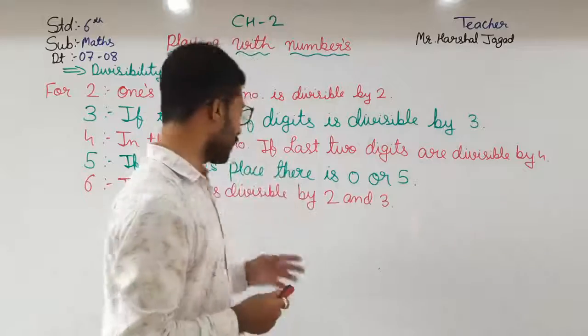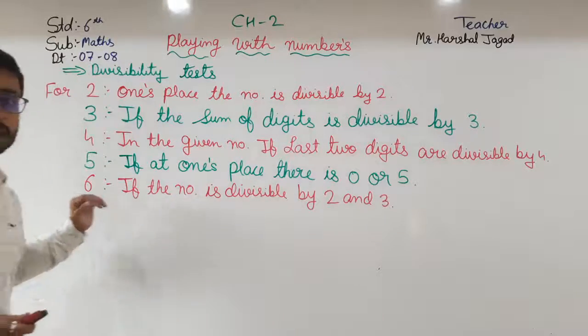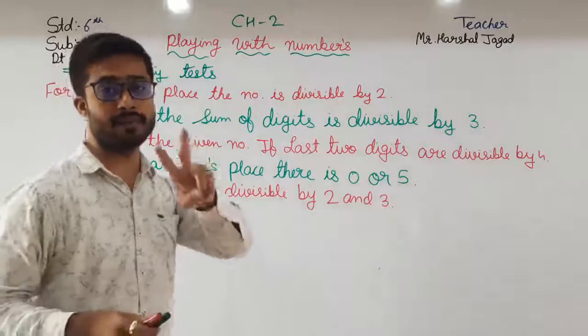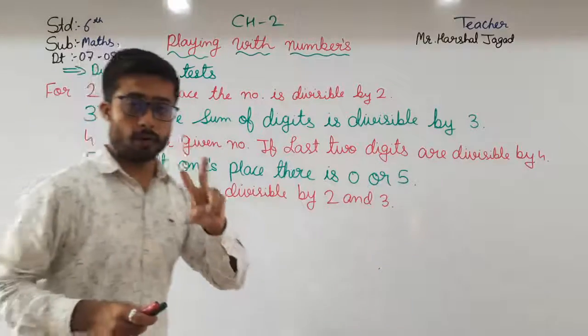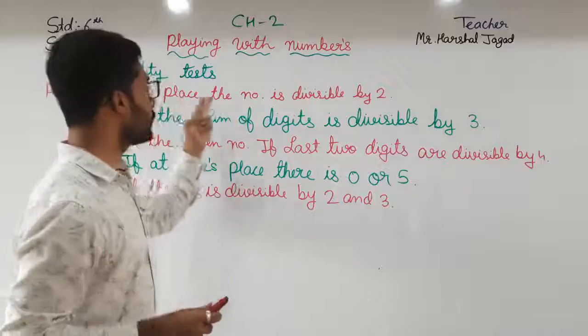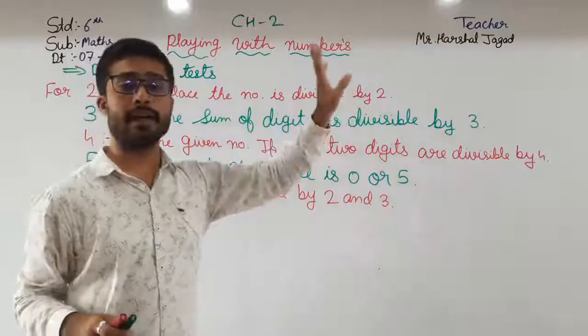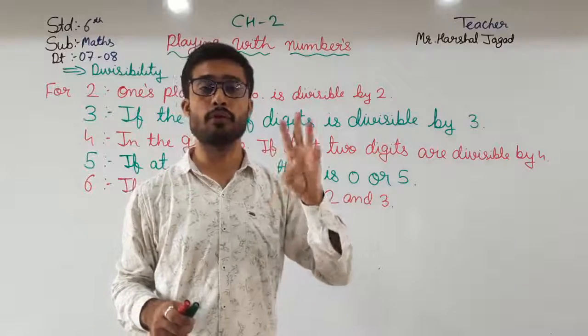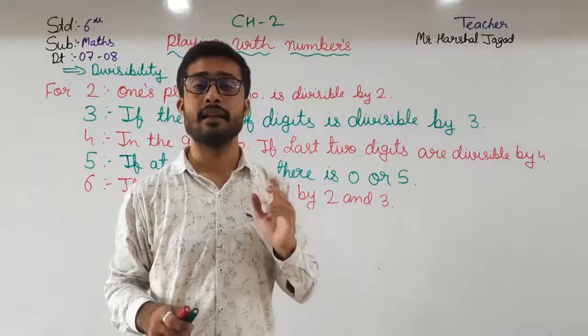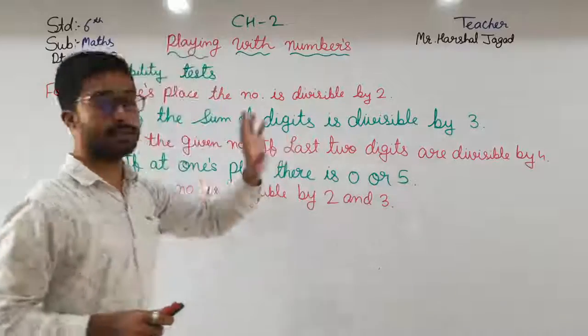Means for the divisibility test of 6, we have to verify the two divisibility tests, that is of 2 and 3. So 2, we know that at ones place there should be 0, 2, 4, 6, 8. Then that number is divisible by 2.